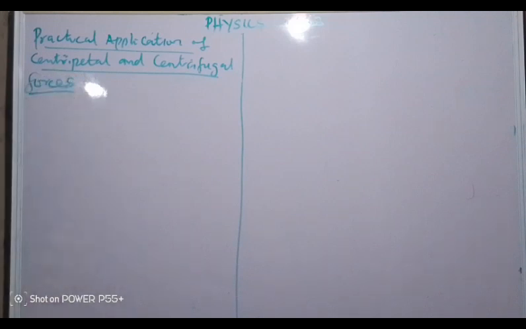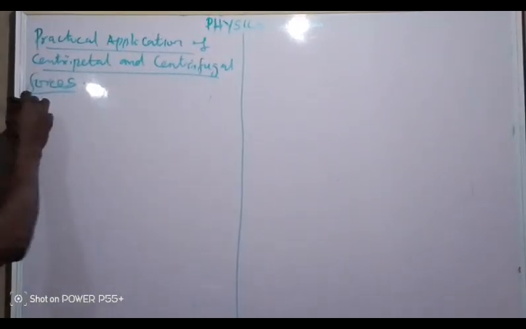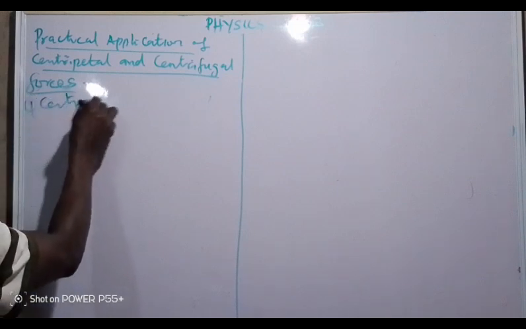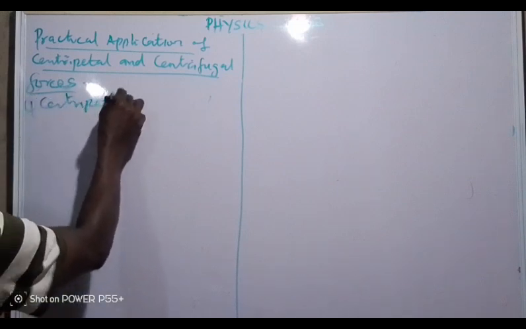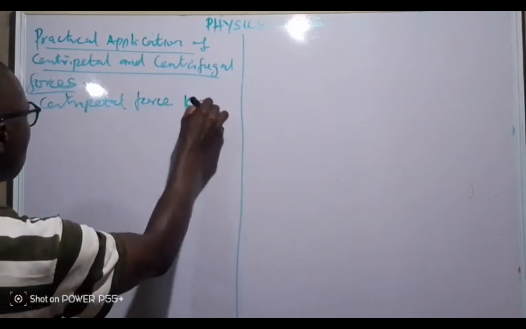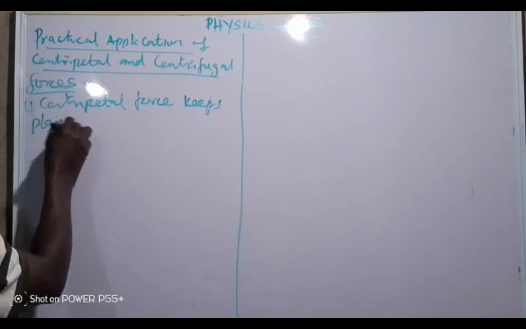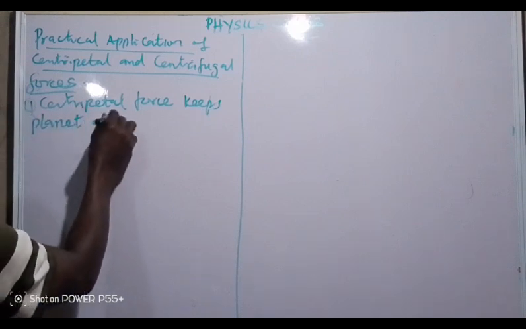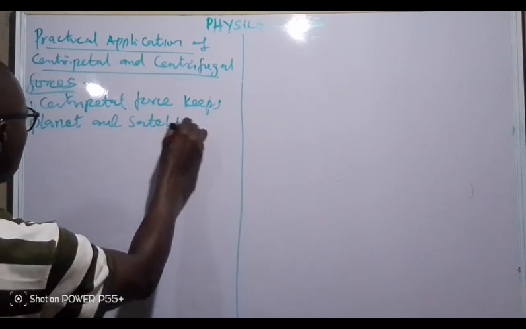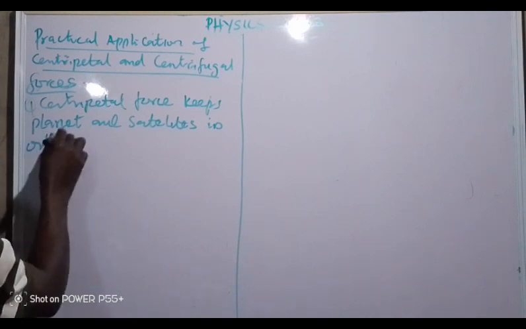Number 1, centripetal force keeps planet and satellite in orbital movement.